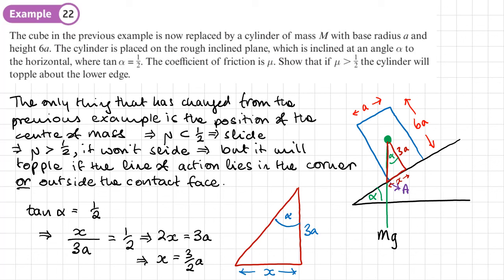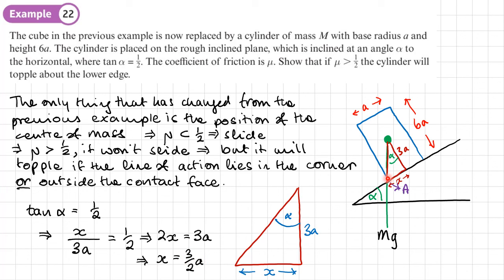Well, if the length was less than a, then this line of action would go through the base of the shape, because the distance from the center to the edge is a. If it was equal to a, it would go through the corner. It's actually greater than a.